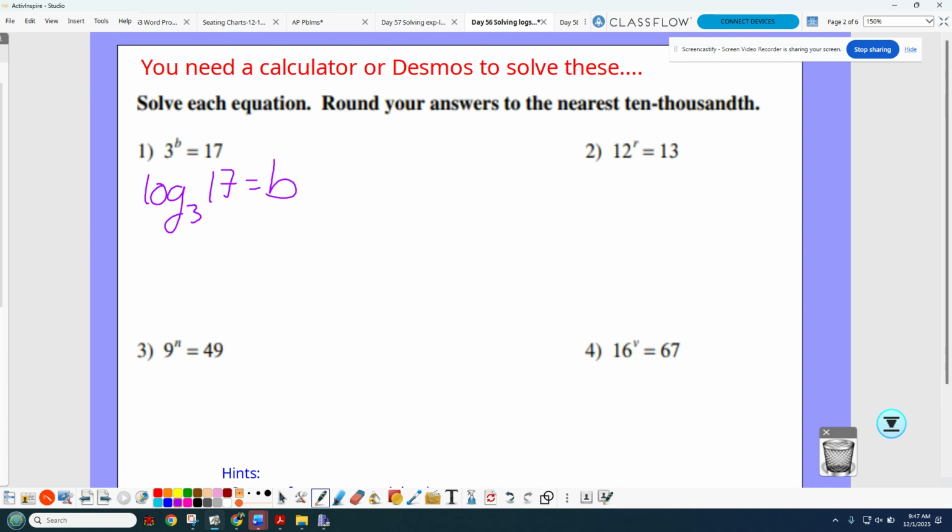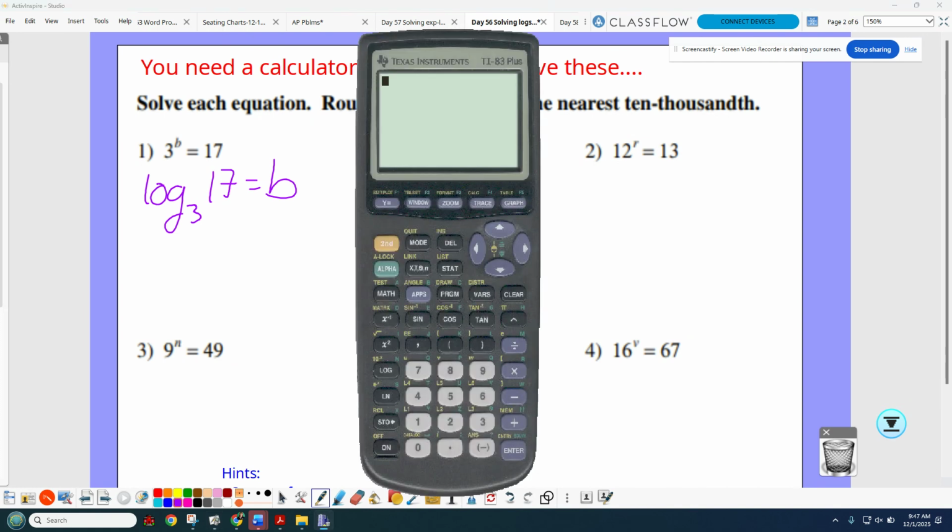So on the calculator, my calculator doesn't do log base 3 of 17. We learned something the 2 days before break, which some of you weren't here for. On my calculator, if you notice here, I have an ln button and a log button. I don't have log base 3. Does anybody remember the change of base thing that we learned 2 days before break?